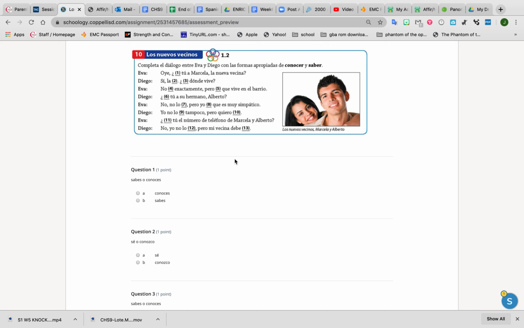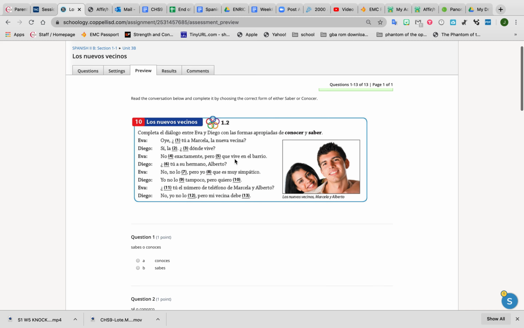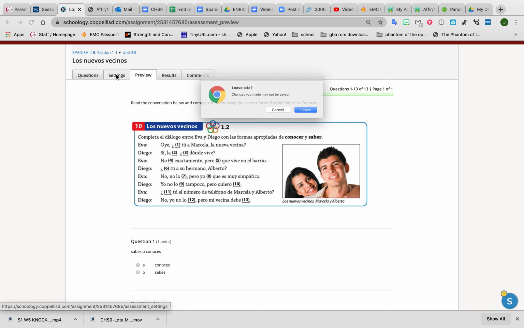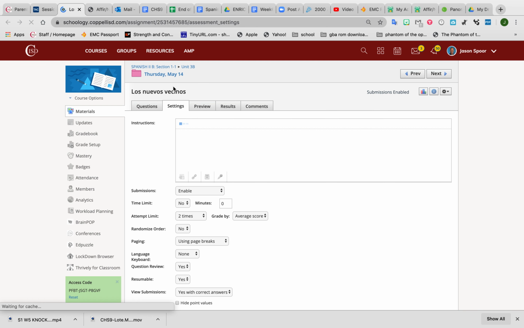Is it knowing facts and information, or is it knowing a person or being familiar with a place? So if it's knowing facts or information, choose saber. If it's knowing a person or being familiar with a place, choose conocer. All right, and then let's get out of this.